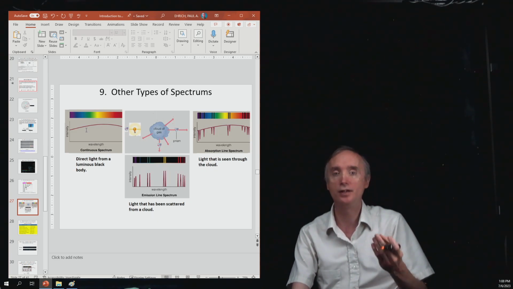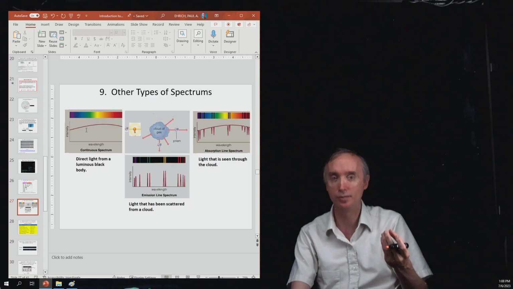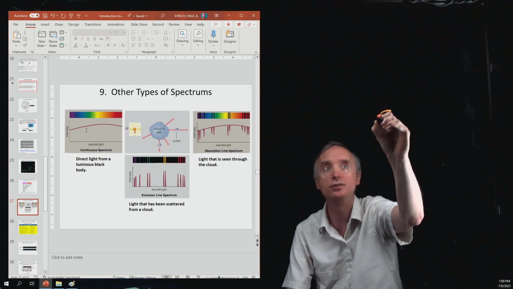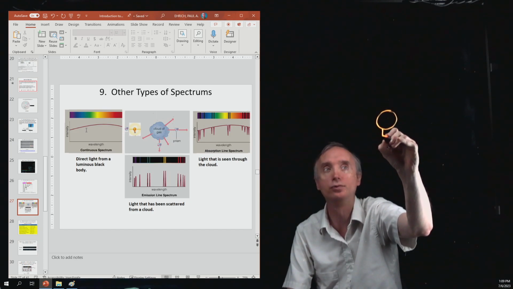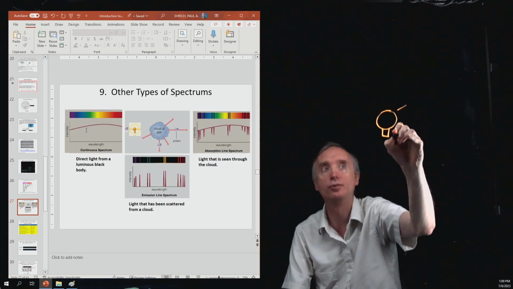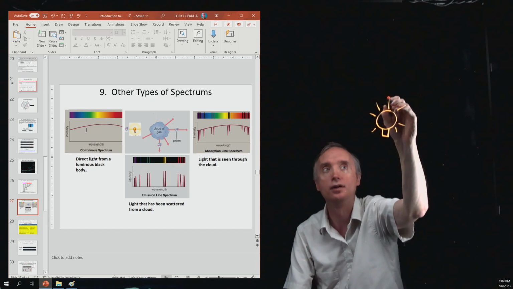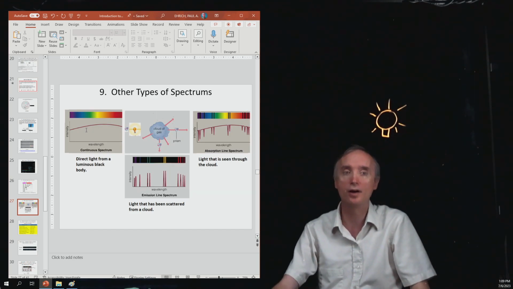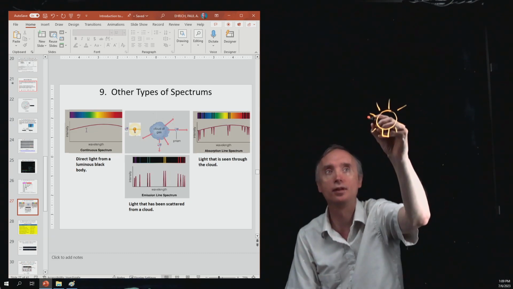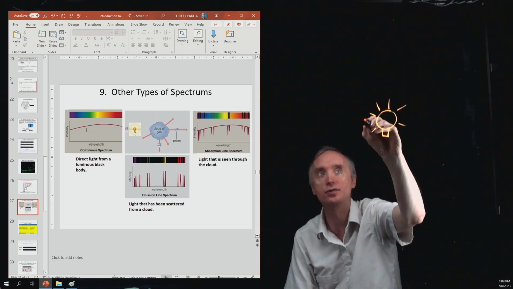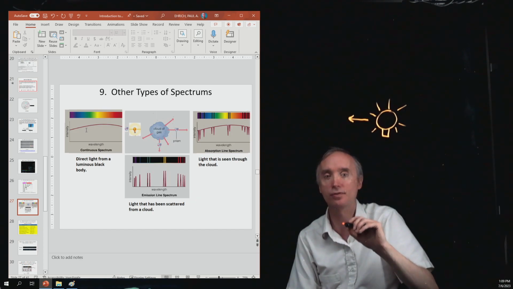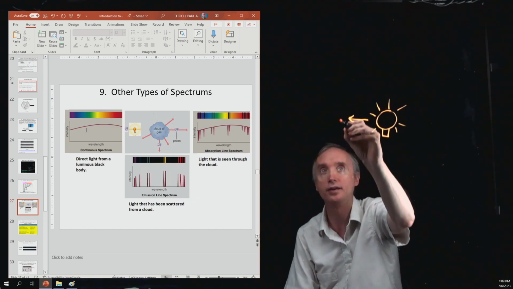So first we need to have an object that is going to be glowing. And so in this particular case, it uses a light bulb. So this light bulb is going to be producing different colors of light. All right, now let's say that some of the light from this light bulb is going in this direction, and it's going to pass through a diffraction grating.